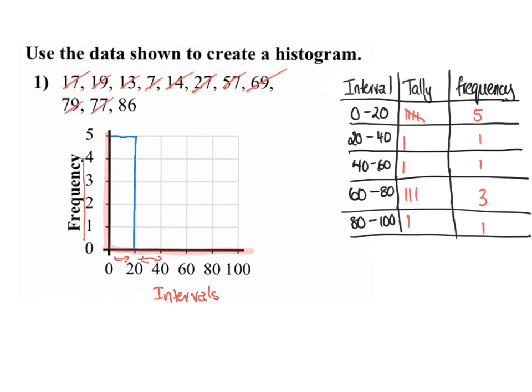Between 20 and 40 it was 1, 40 and 60 was 1, 60 and 80 was 3, so I go up to there, and 80 and 100 was 1. You might do a quick shade with your pencil, just so the columns stand out a little bit more, and that's what you're doing.